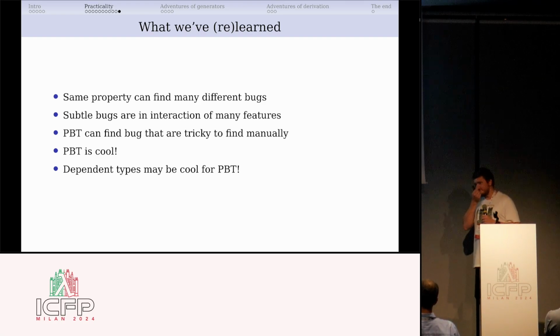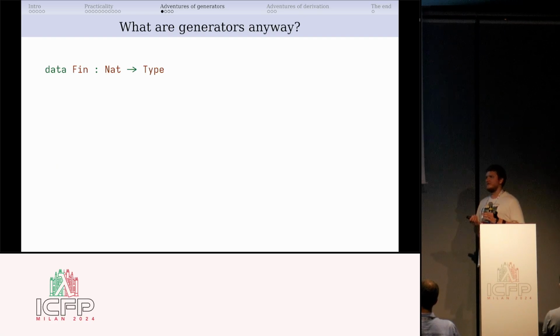Okay. Well, I have little time to dig into some details of what can be difficult if you are using or implementing property-based testing with dependent types. Actually, it's not a trivial question to ask what a generator itself is. For instance, there is an indexed type of natural numbers less than the given number.